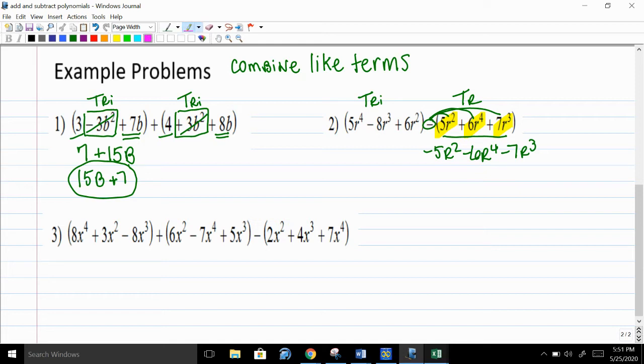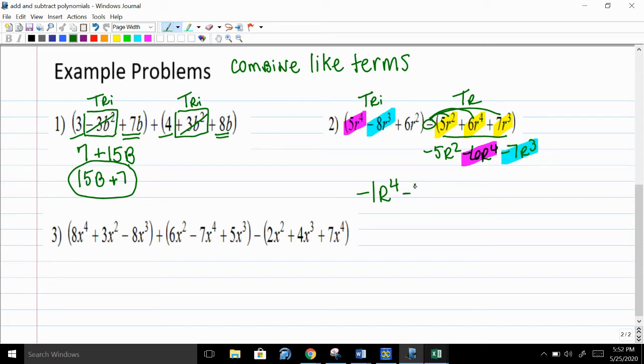So if I was to combine like terms here, you got a 5r to the fourth. That could be combined with the negative 6r to the fourth. That would be negative 1r to the fourth. Then you can combine the, let's see, I got negative 8r to the third, negative 7r to the third.